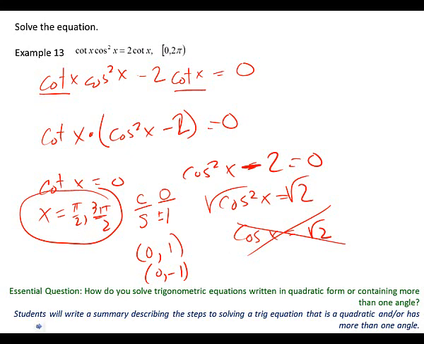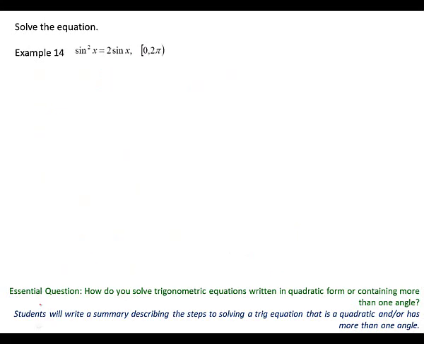All right. Let's try this again. So I am going to move this over. How did we move it over the last time? Yeah, we're going to subtract it. So sine squared x minus 2 sine x equals 0. What do you think we're going to do now? Good. We're going to take out a sine x.